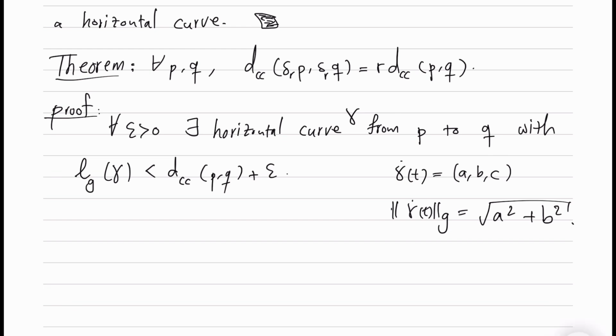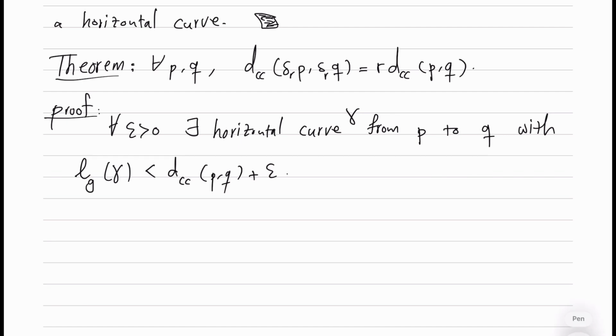So this was how we computed the L_G length of a curve by integrating this quantity. Okay, so that's just a quick recall.